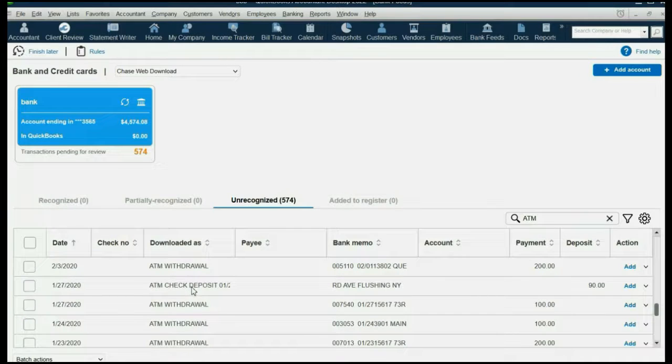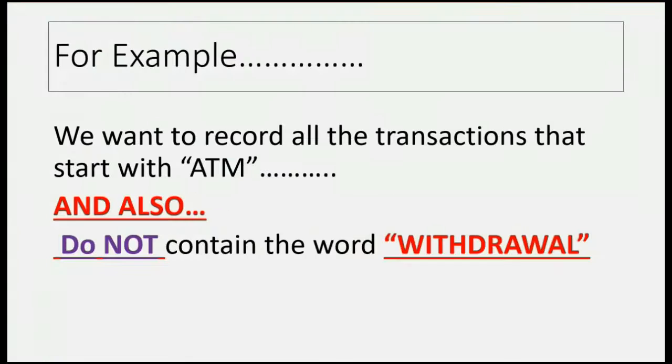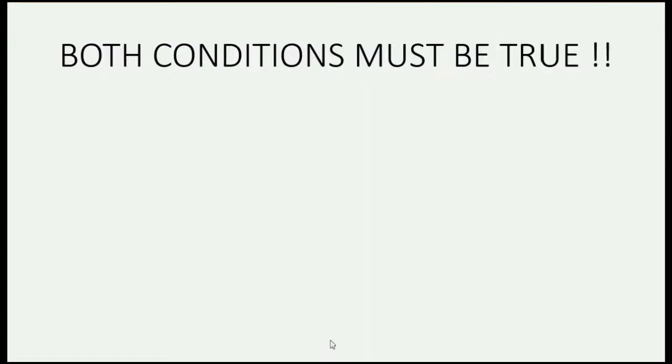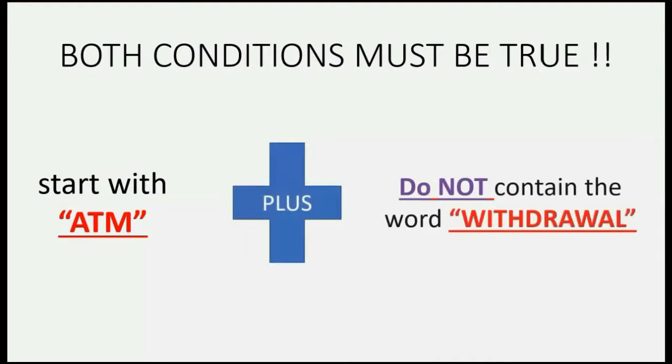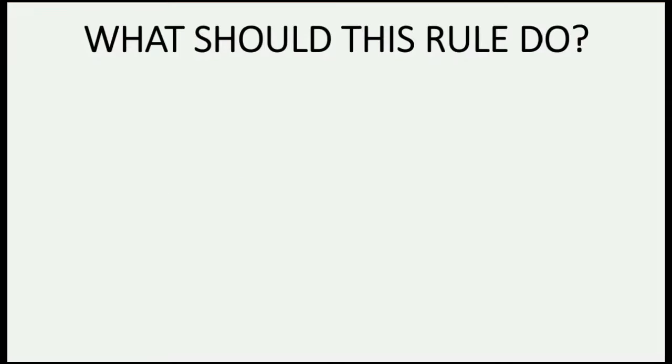We want only the ones that start with ATM, but do not contain the word withdrawal. So since both conditions must be true, it has to start with ATM and also not contain the word withdrawal in order for that transaction to be recorded with that rule.